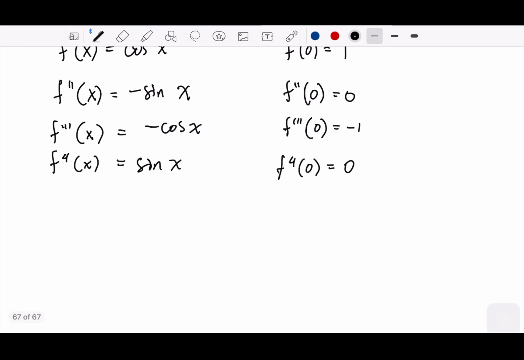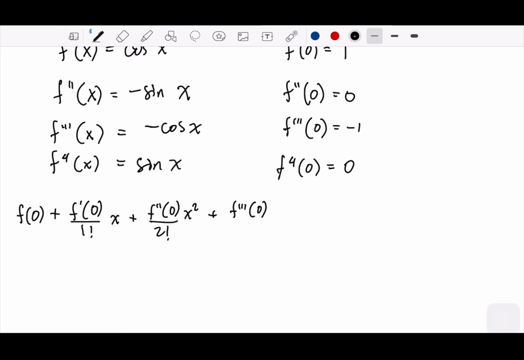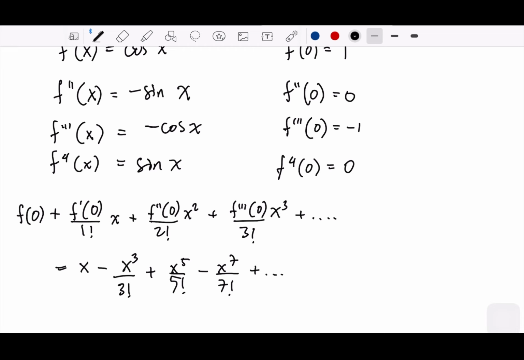So we can apply the Maclaurin series, and this will be x minus x cubed over 3 factorial, plus x to the 5 over 5 factorial, minus x to the 7 over 7 factorial, plus dot dot dot, and we can write the representation as a sum from n equals 0.